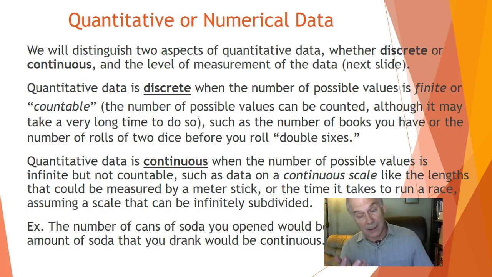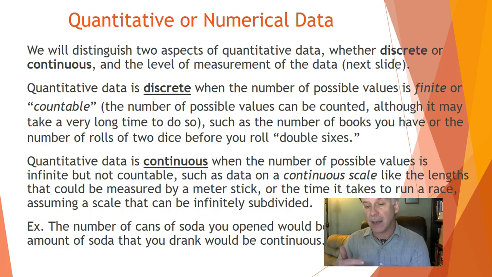Theoretically, you could just go on rolling and rolling and never reach those double sixes. You could be so unlucky that you never get double sixes. But still, you could keep counting and finally get the answer to that question. So that is called discrete. Either finite or countable.